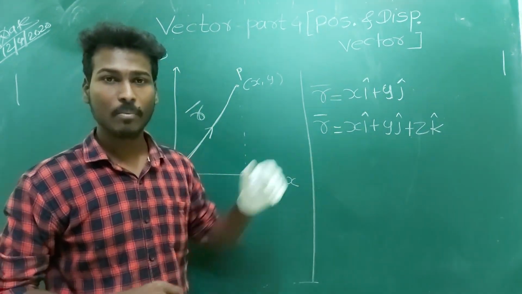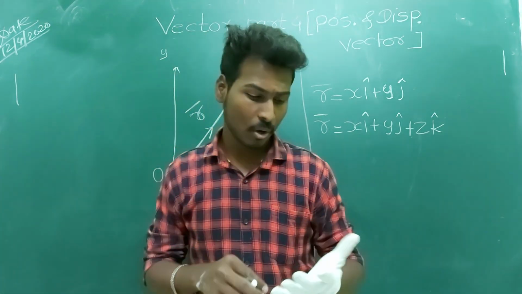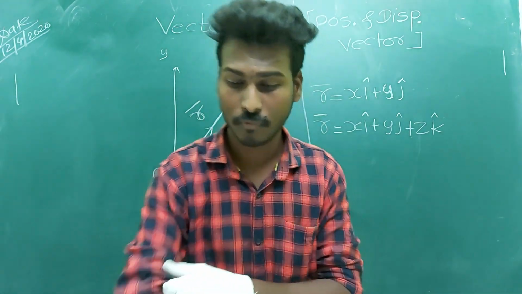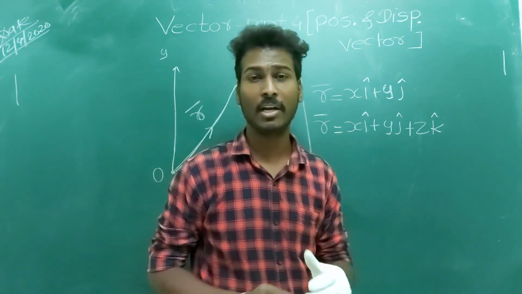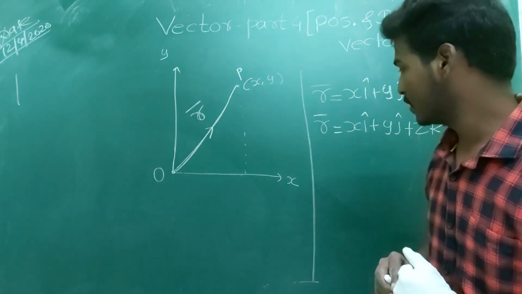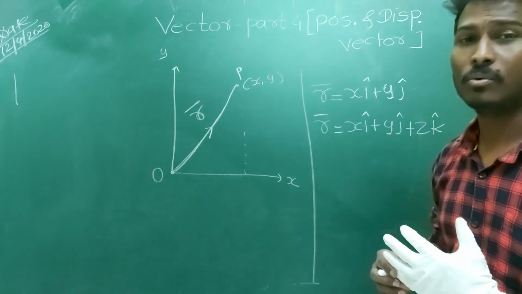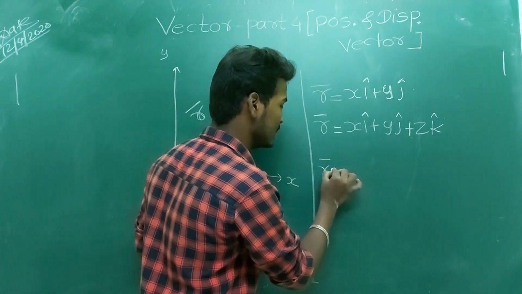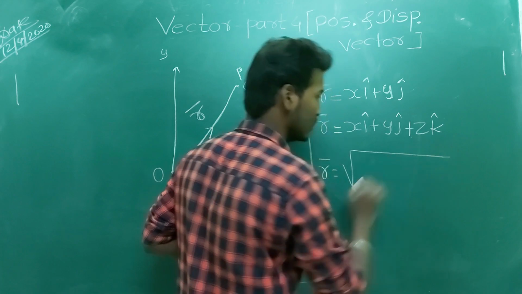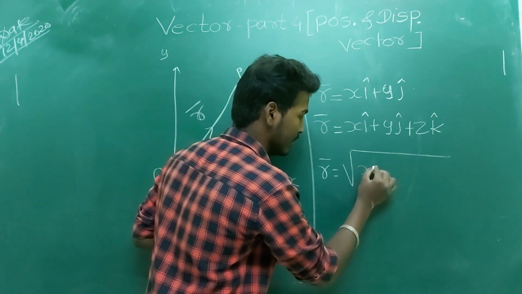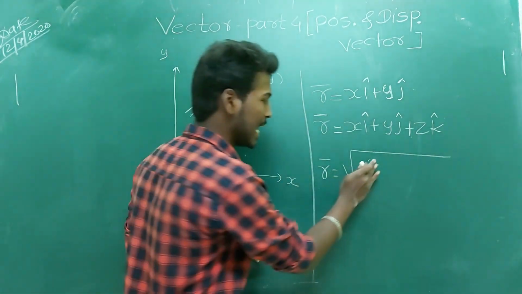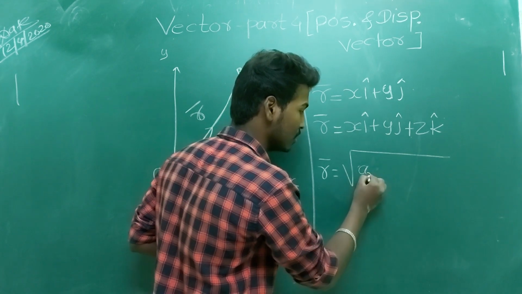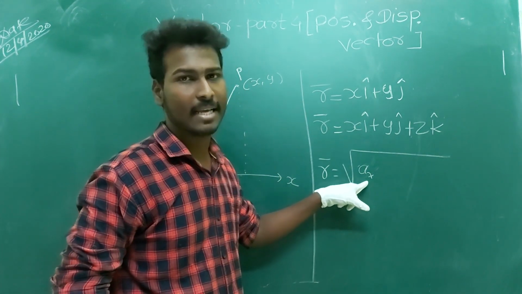This is the representation of position vector. Okay, so now the next point is how to find the magnitude of your position vector. For that we use the square bracket rule, that is r bar is equal to x square. In some books they have taken it as ax also, so ax means x component.